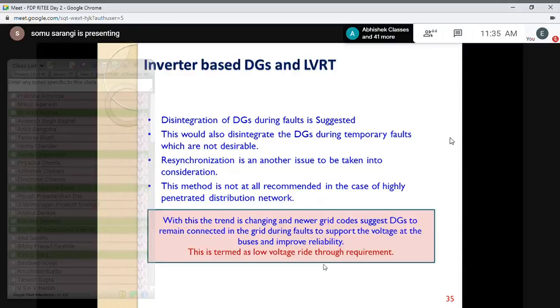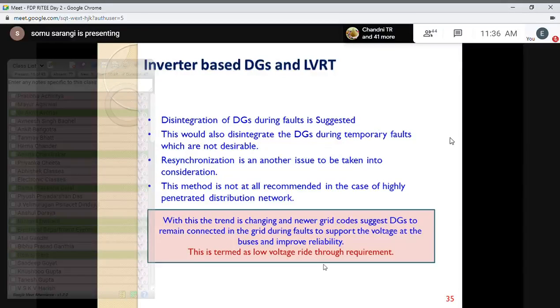So what we have done for this case, we have used low voltage ride through to protect the different switches we have in our inverter, and the inverter-based DG is allowed to stay connected to the grid if the voltage level does not decrease below a particular value. This integration of DG during fault is suggested, but resynchronization is also an issue.